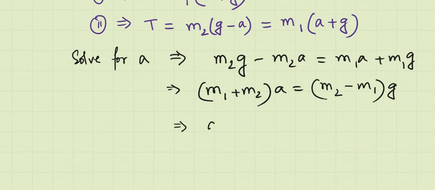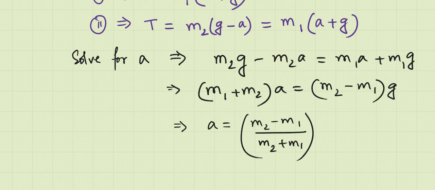So we have a equals m2 minus m1 divided by m2 plus m1 times g.